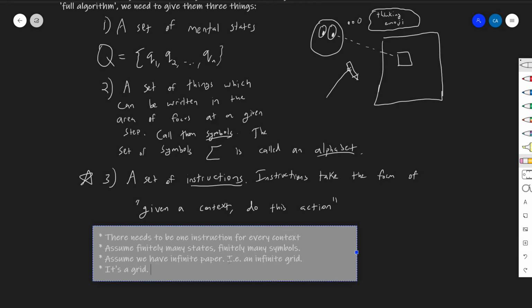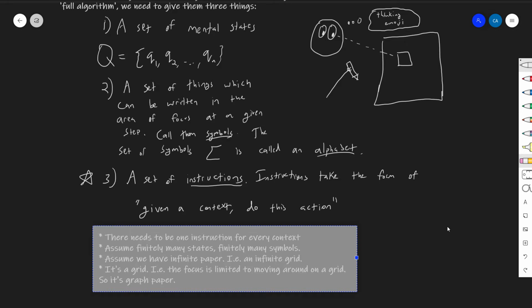By that I mean I'm going to limit the directions that the focus can change, i.e. the focus is limited to moving around on a grid. So it's graph paper.